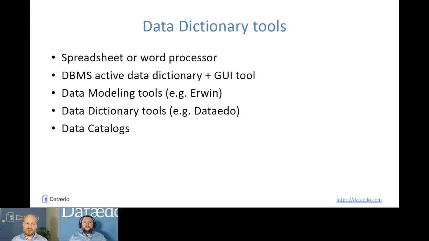Here are some tools. You can use a spreadsheet or word processor. It's easy to implement, but a nightmare to maintain or actually do any collaboration on that. You can also use database comments in a database engine itself, so the metadata is with the data actually, but it's not the best place to store it, in my opinion.